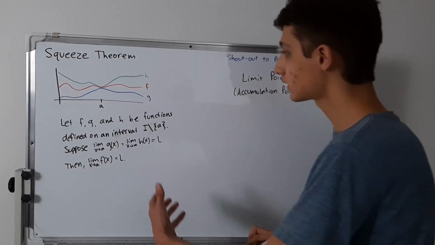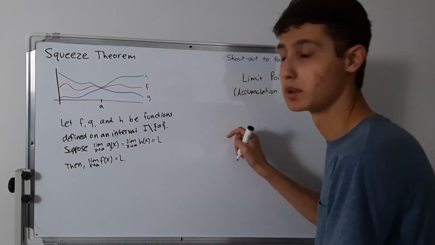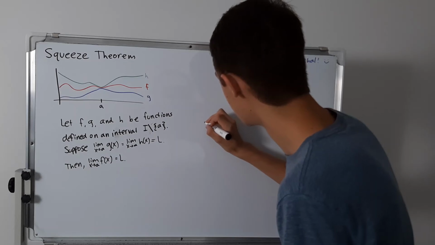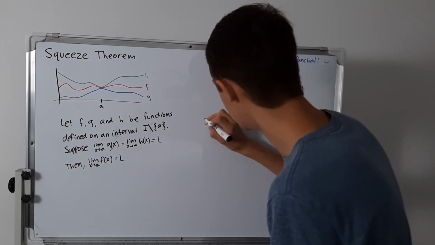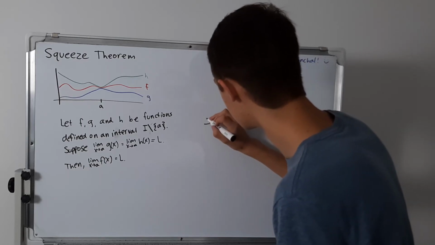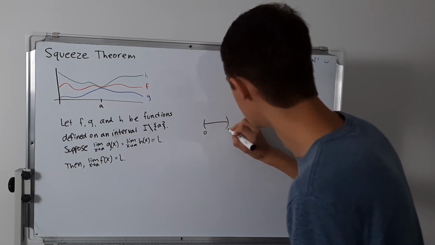A great example of a limit point is if we have an interval here. I think it's going to be open, so we have 0 here and we have 1.